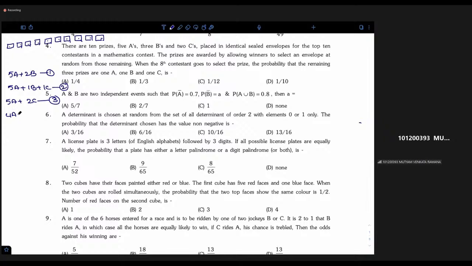Next one is 4 A's, 2 B's, 1 C is one case. 4 A's plus 1 B, 2 C is the another case. Next one is also there. What is that one? 3 A's plus 2 B's, 2 C's.